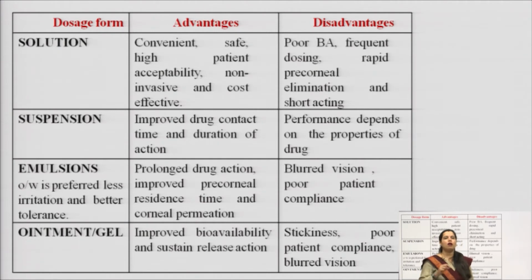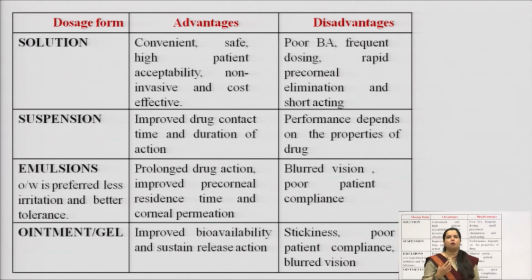Emulsion, oil and water is preferred, less irritation and better tolerance provided by this type of emulsion. Prolonged drug action and improved precorneal residence time and corneal permeation. Tiny globules, oil and water type of globules can easily penetrate the corneal membrane and may show a prolonged effect as compared to the solution and suspension.